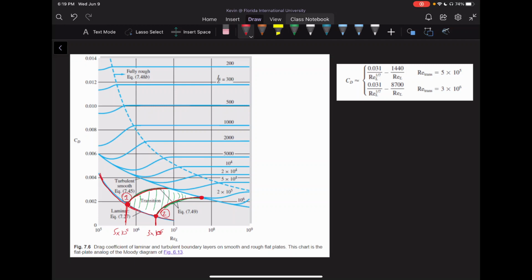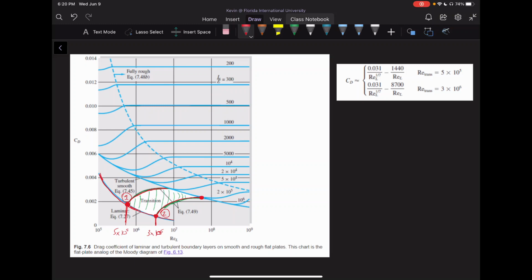Again, this is much of an approximation. If you're not given the transition place of your flow, or if you don't know exactly where your flow is, you would have to guess which one to use. If your flow is between 5 times 10 to the 5 and 3 times 10 to the 6, you know that you have to use your transition equations, which are shown here, or you can use your chart and find a point between 5 times 10 to the 5 and 3 times 10 to the 6.